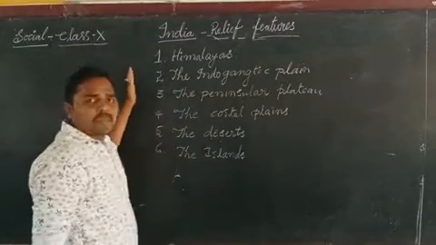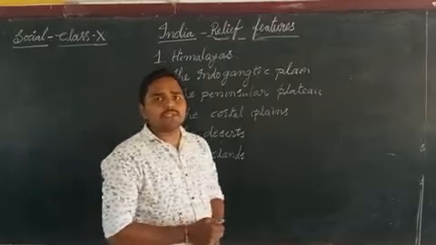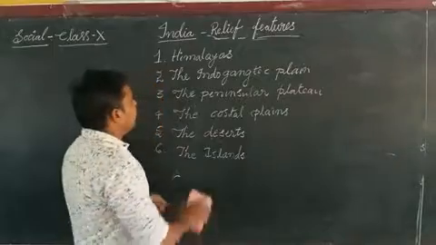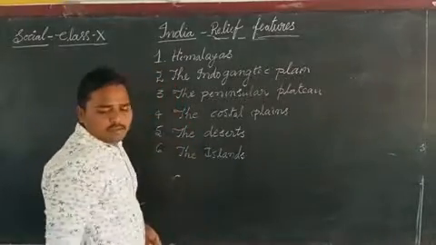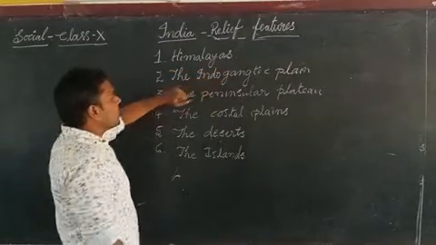These 6 are the major relief regions which are existing on the Indian landmass naturally. Okay. Now we are going to give a detailed explanation about the major relief regions. One of the major relief regions in India is Himalayas.